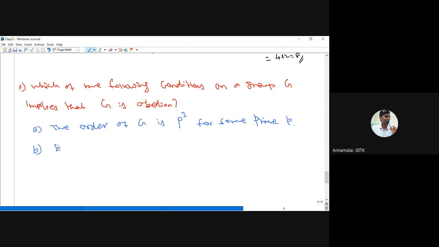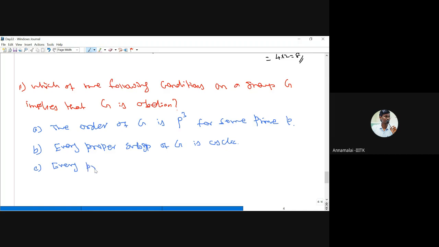Look at the second one. Every proper subgroup of the group G is cyclic. From this, can we say G is abelian? Now, third option, every proper subgroup is normal. From this, can we say G is abelian?